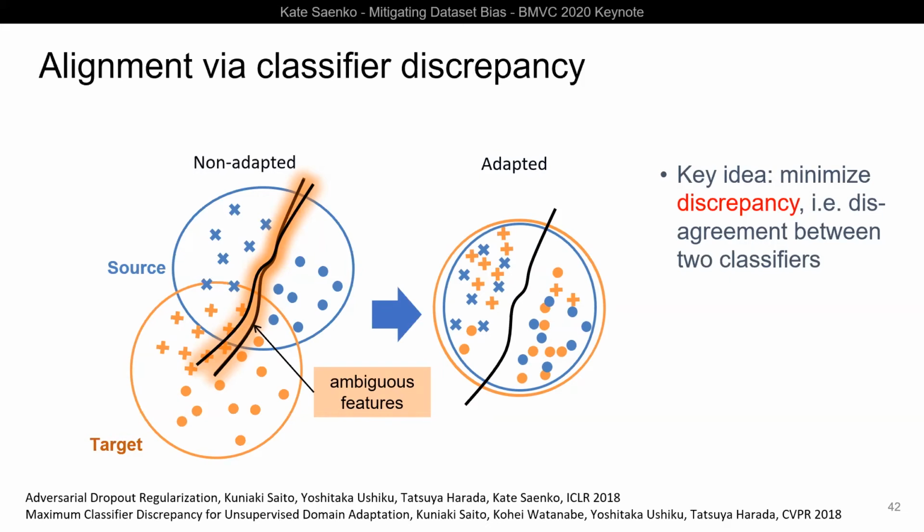But regardless of how we get these two classifiers, the key idea here is to measure the discrepancy in their predictions on target points. So that's the disagreement between the output probabilities of the two classifiers. And the intuition is that in these ambiguous regions, the discrepancy between the two classifiers will be high, and so that will indicate that the features are ambiguous, whereas for points that are further away from the decision boundary, that discrepancy will be low, and so those are the more discriminative points.